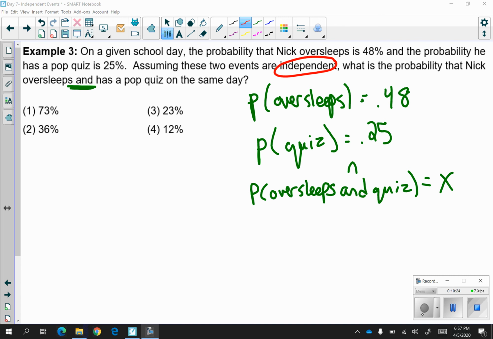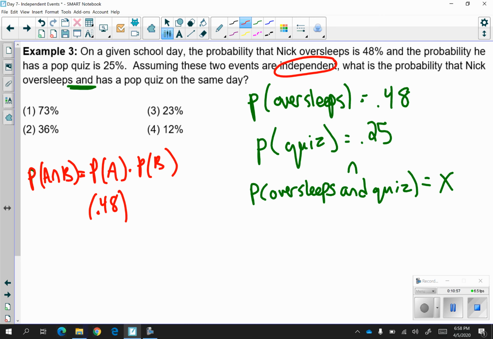They didn't give you conditional probability, so I would avoid trying to use that one. Instead, I would use the multiplication one, the one that involves and probability, which is the probability of A and B is equal to the probability of one times the probability of the other. They gave us the probability of A to be 0.48.